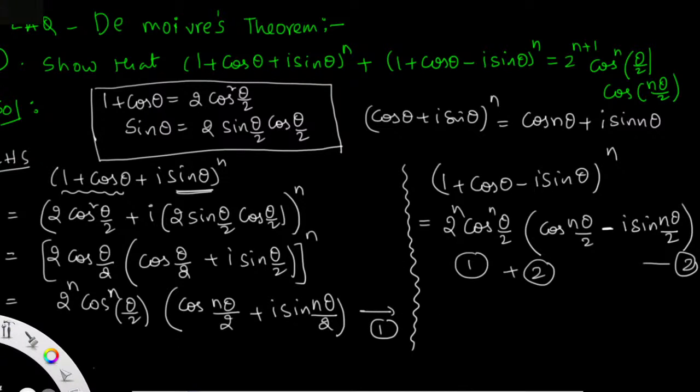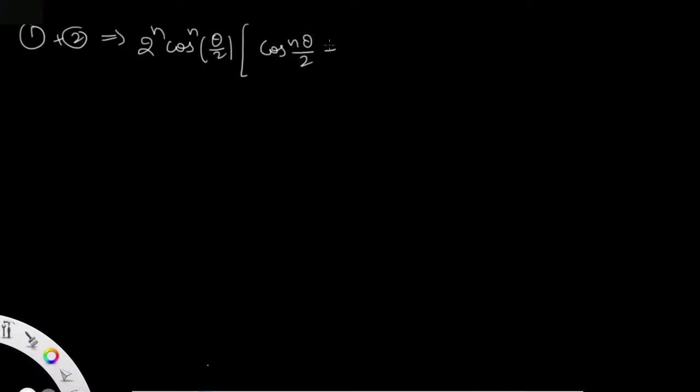So for the first expression, 1 plus 2, that implies 2 to the power of n of cos power of n of theta by 2 common. Then you get cos n theta by 2 plus i sin n theta by 2 plus cos n theta by 2 minus i sin n theta by 2.